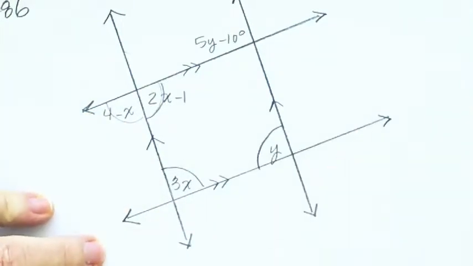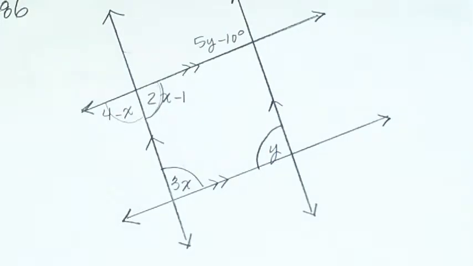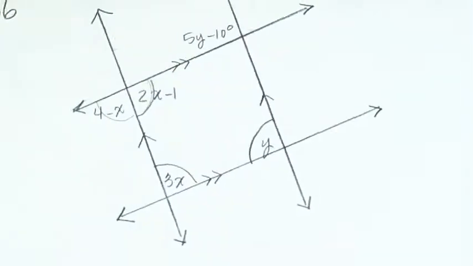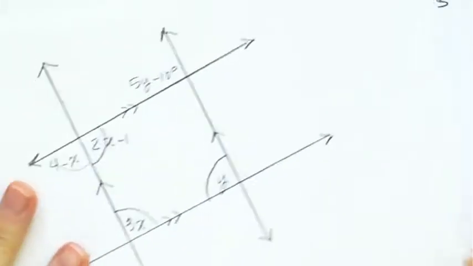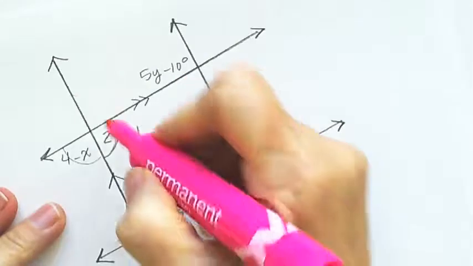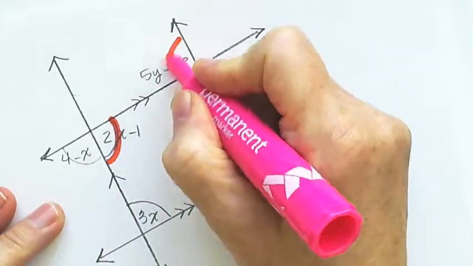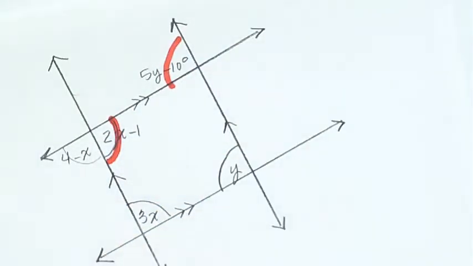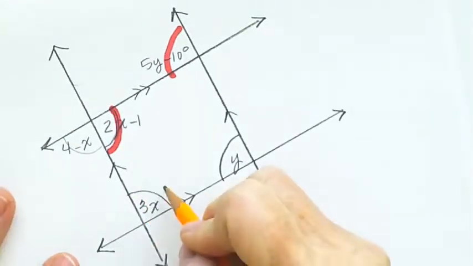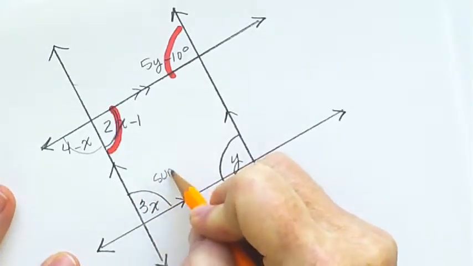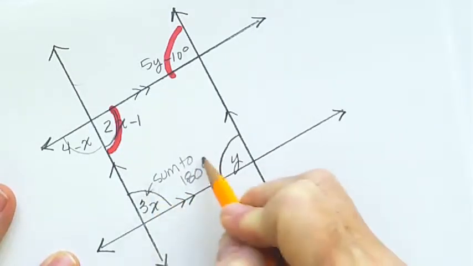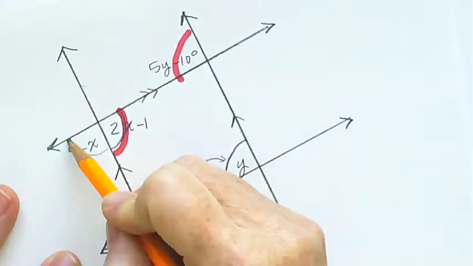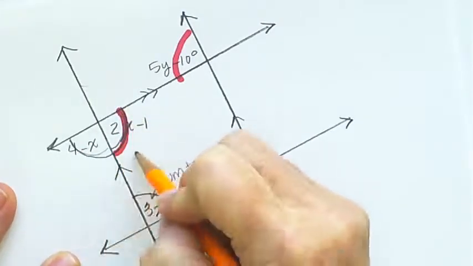Let's just go ahead and mark which ones would be equal. So we said that this angle would be equal to this angle. And then we said that these two together would sum to 180, and that that's a half circle.